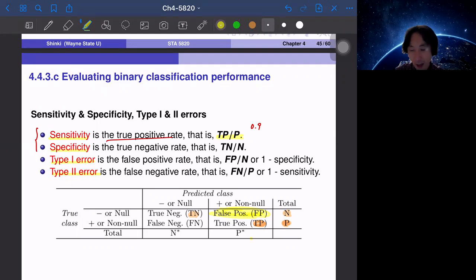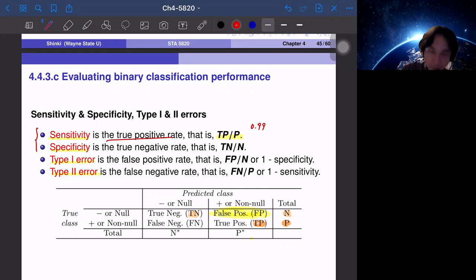If that cost is not too high, then specificity doesn't have to be very high. Even 0.8 is fine. So sometimes we need very high sensitivity, but not necessarily very high specificity. It depends on the context.